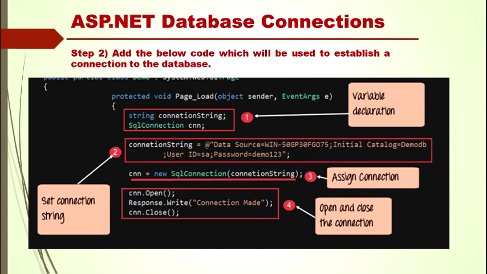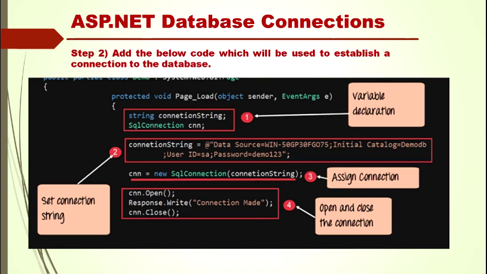See that, a string connectionString. So connectionString is a variable of type string. Then SqlConnection cnn. cnn is of type SqlConnection. After that, second, set the connection string.